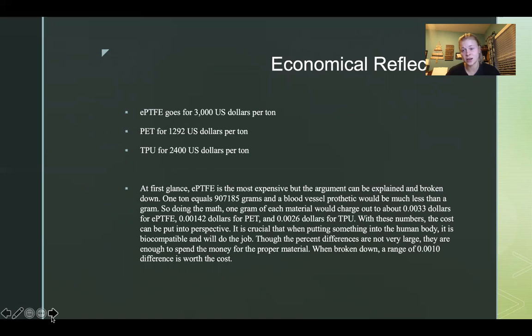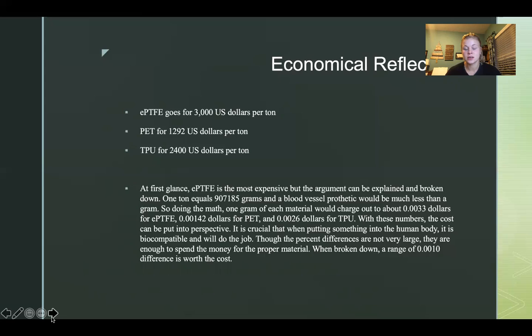You're not using a ton every time you build a blood vessel, and so a ton can be broken down into grams, and a blood vessel isn't even a gram, so it's less than that, but that's as broken down as I could get. So there's 907,185 grams per ton. And so I divided that number by the $1,000 US.